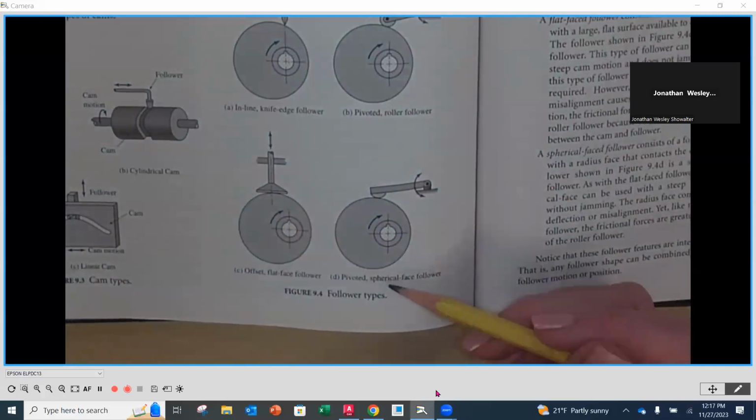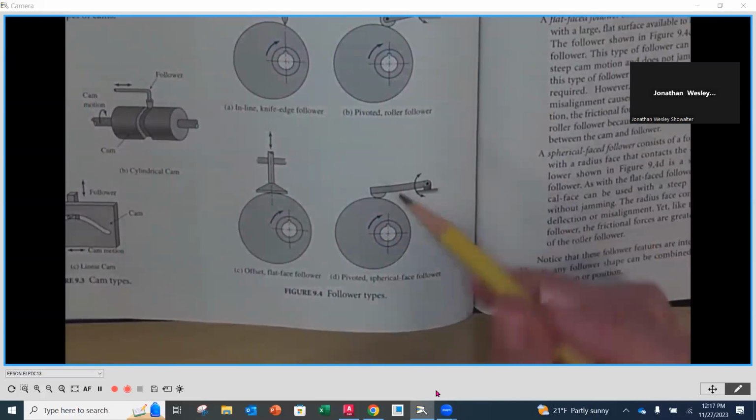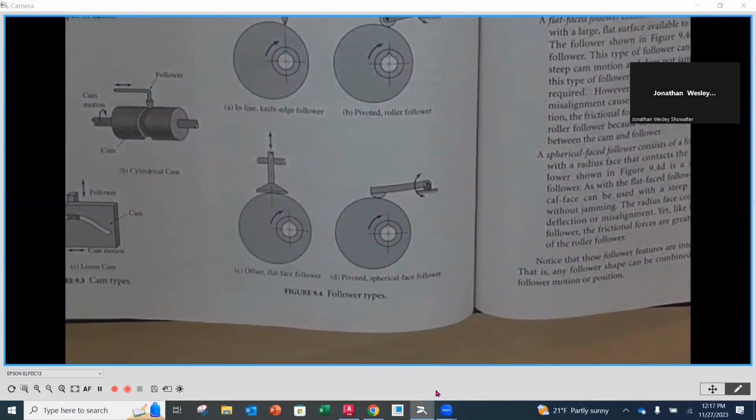And then the last one that we see here is another pivoting follower, but this time we have a spherical edge instead of a roller on the end of it. Okay, and these aren't the only types of followers, but they're the most common types and kind of the classifications, if you would. They can take a lot of different forms actually.